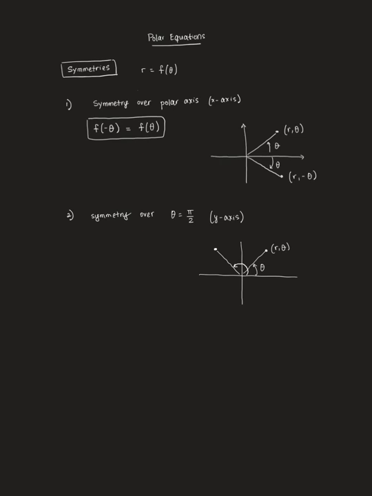So we're looking for r and pi minus theta. And so if we write that in terms of something that's useful for us, we would check to see that f of pi minus theta is the same as f of theta, because that's just equating the radii.